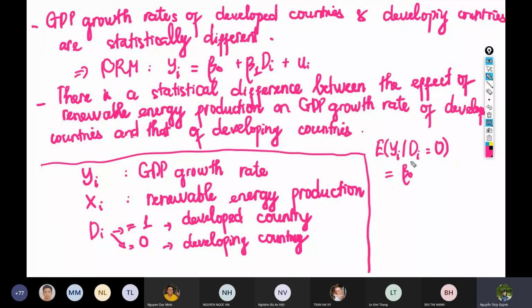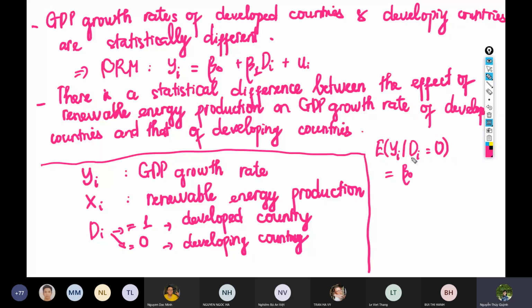You don't have to specify the two cases of d. You just have to put d in the model and the model will tell its story. You don't have to write the case where d is equal to 1 and the case where d is equal to 0.